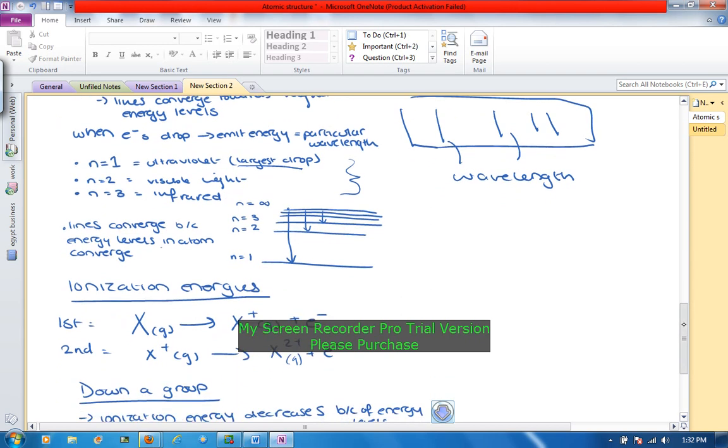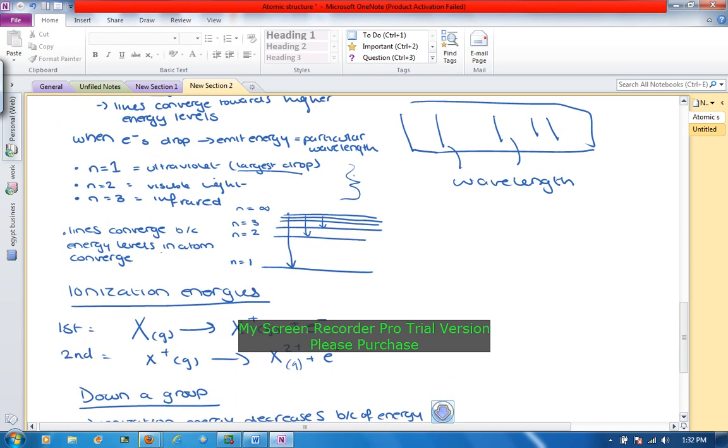And remember that these electrons always drop to their original energy level. So if you have a hydrogen atom, for example, if energy is absorbed by the electron, it jumps to a different energy level.